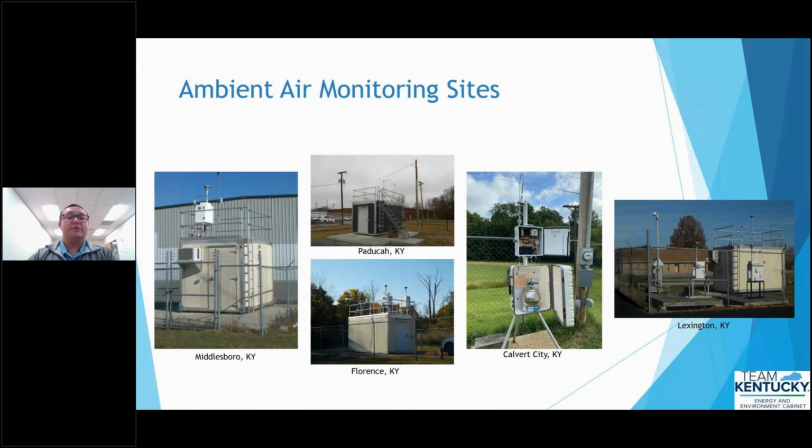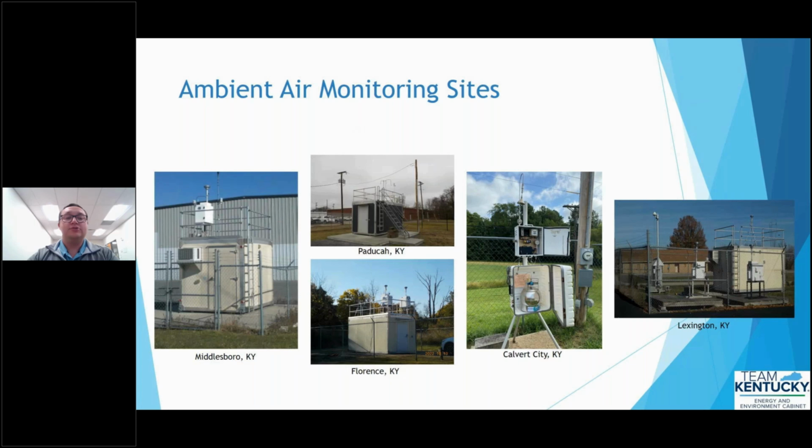So air monitoring stations and sites come in all different shapes and sizes depending on the location of the site and the specific equipment that we plan to operate there. On the left is our Middlesboro site where we measure ozone and PM 2.5. The top middle photo is of our Paducah Transit site where we measure ozone, SO2, NOx, and PM 2.5.